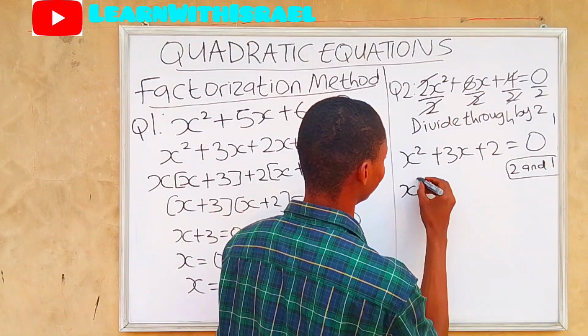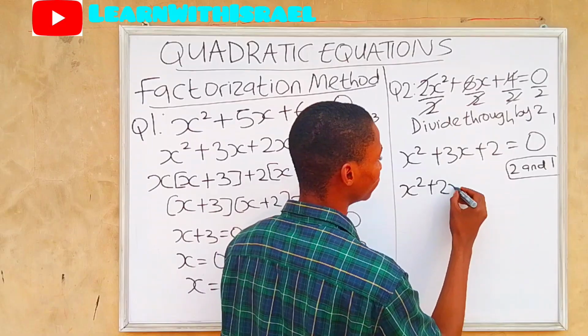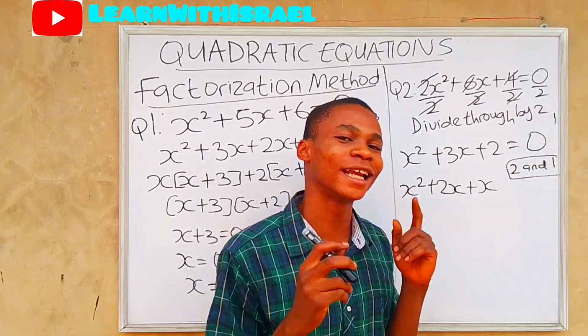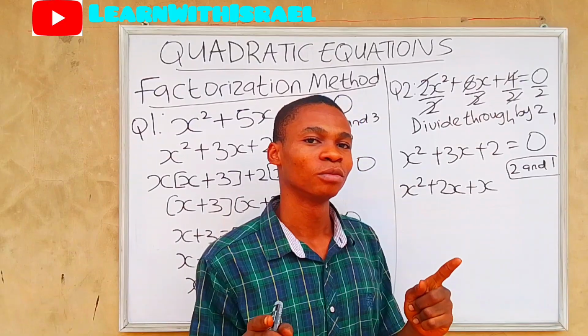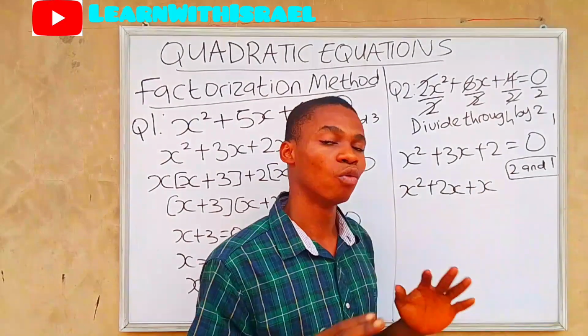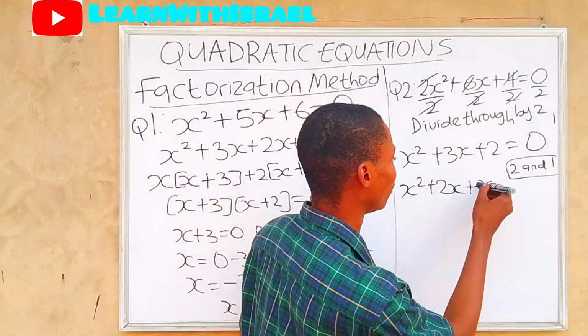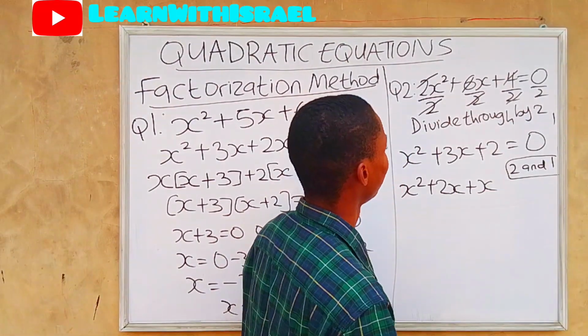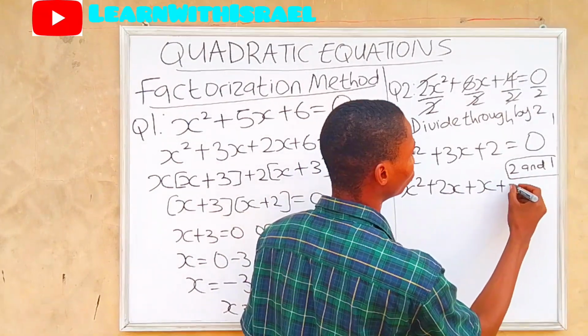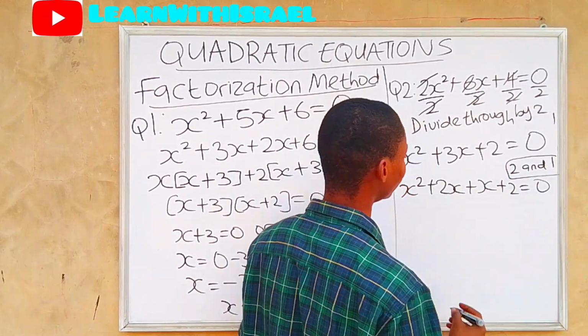So x squared plus 2x plus x. Don't say plus 1x. No. It is plus x because the coefficient of x is already 1, so there's no need of adding another 1 here. So 2x plus x will still give us 3x, plus 2 equals 0.